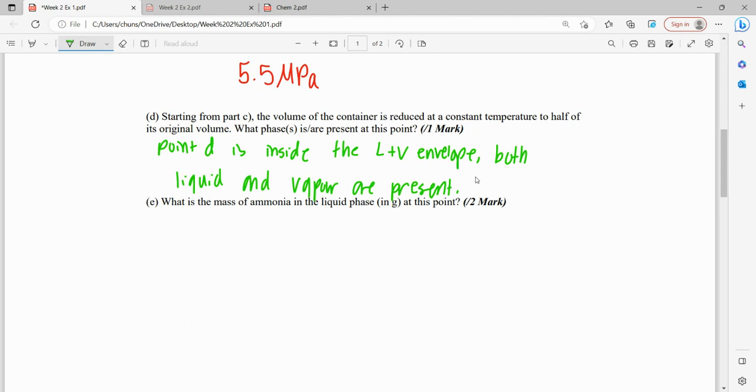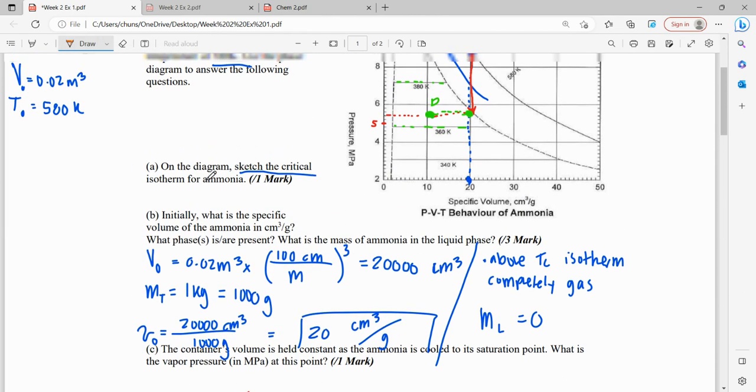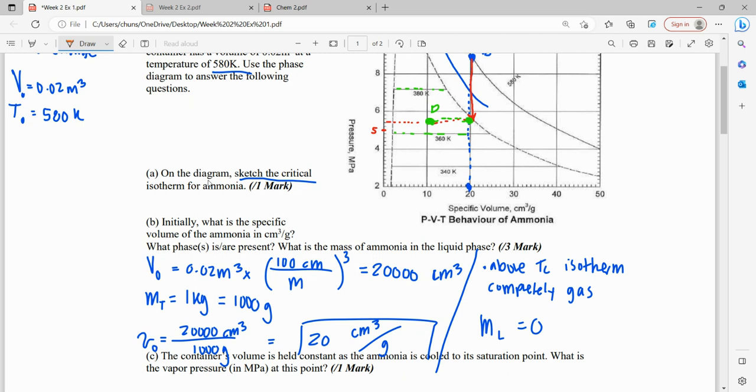Okay, what is the mass of ammonia in the liquid phase at this point in grams? So this is lever rule. So we want to find what it is at each of the edges. So then this is roughly like 0.